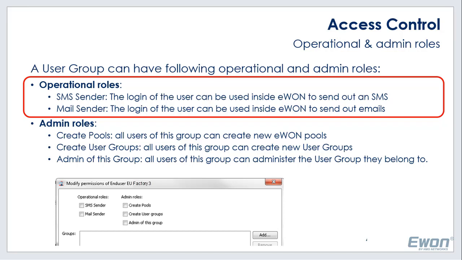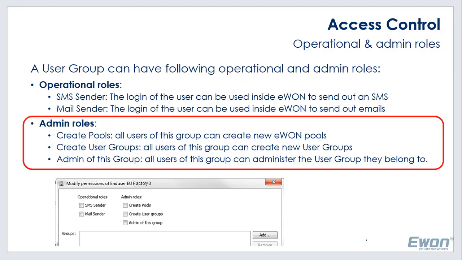If you are restricting which users can configure email and SMS usage through the Talk2M SMS and email relay service, use the operational roles to identify the permitted groups. More information about the Talk2M relay service is available on our support site. Admin roles let you specify whether this group can add new E1 pools, create new user groups, and administer their own user group.